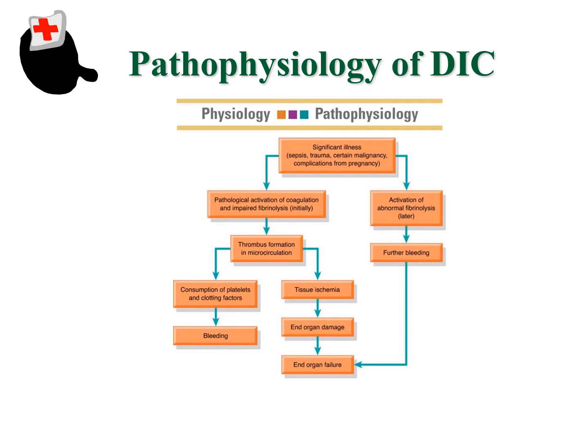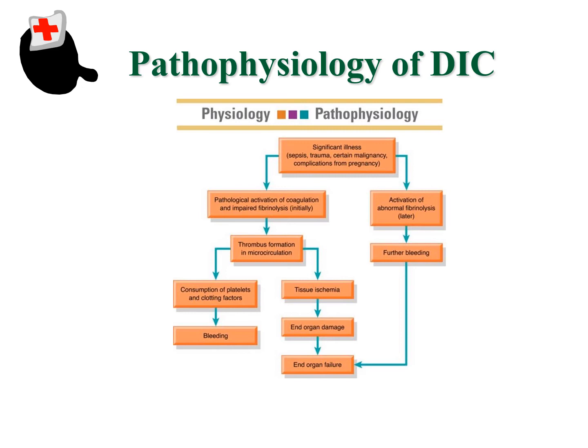Tissue ischemia will also occur, which will end up in organ failure for the patient. And then later on in the process, there is activation of abnormal fibrinolysis, so the body is trying to reverse itself. However, by doing that, it's going to cause further bleeding, and there are already no platelets in the system because they're all activated and consumed.